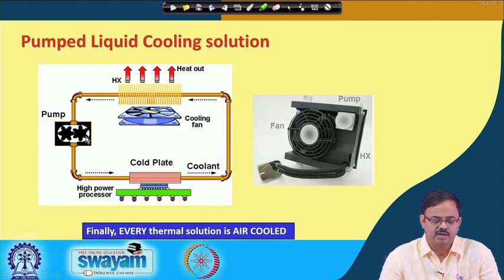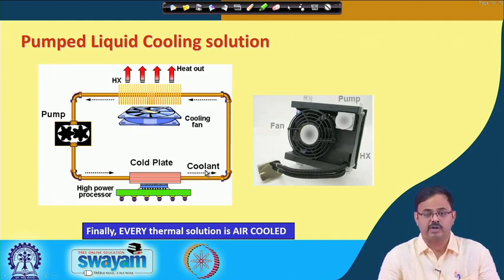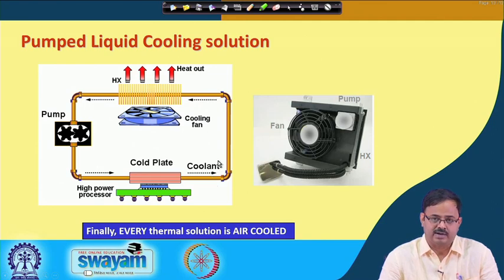So, if it is water, you need a pump that forces the water to flow through this cold plate, and then this coolant comes out in the form of hot liquid as we saw, and then I have to cool it down using this air cooled radiator type heat exchanger.